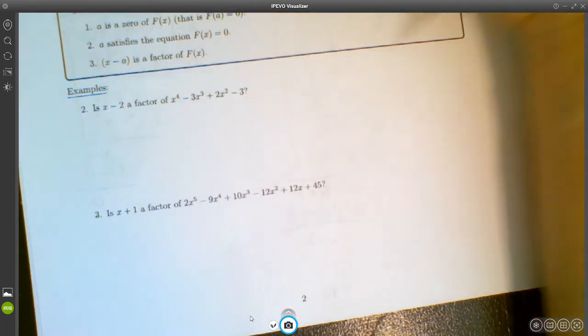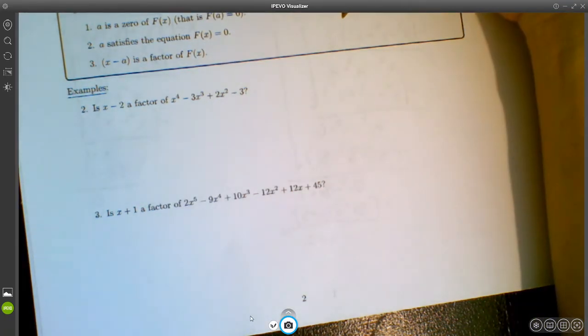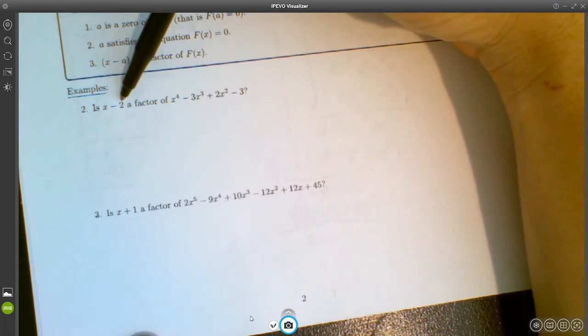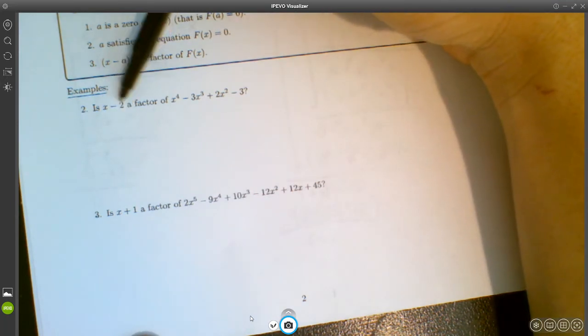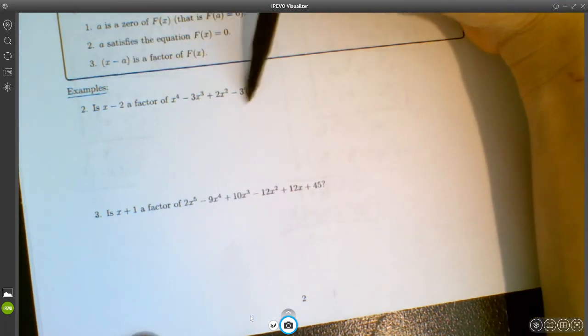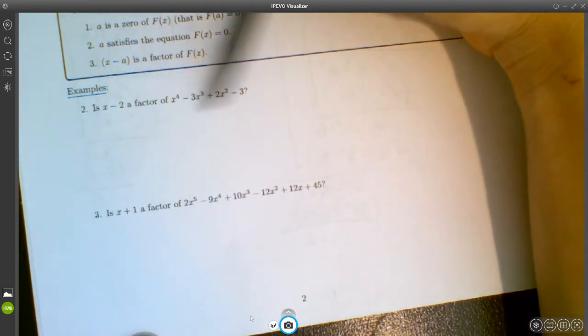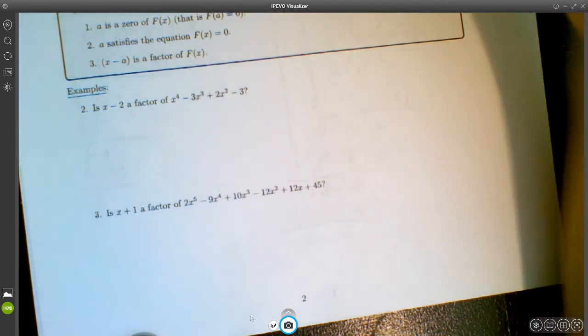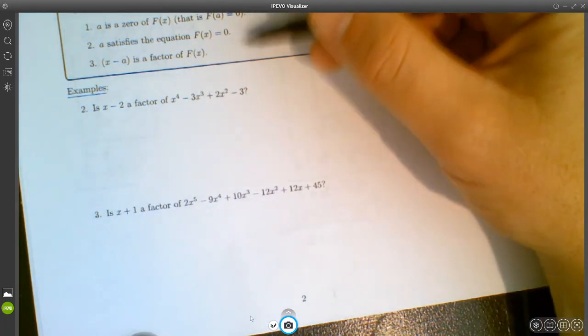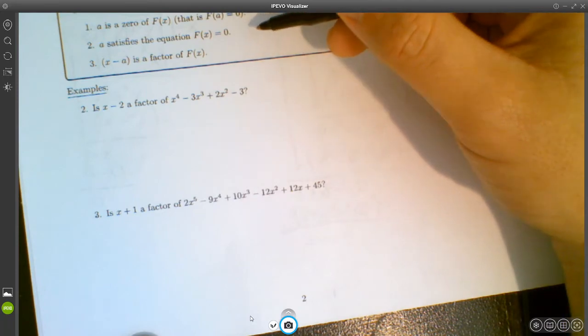But another way, that's going to be a lot quicker, is to notice that if x minus 2 is indeed a factor of this polynomial, then when you plug in 2, you're going to get 0. That's what we're saying up here. So that's a much quicker thing to do.